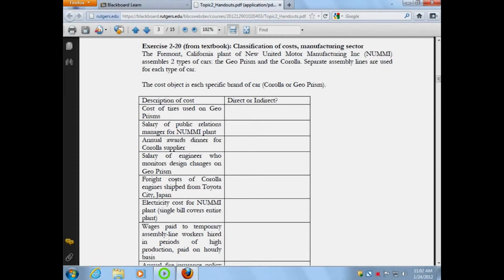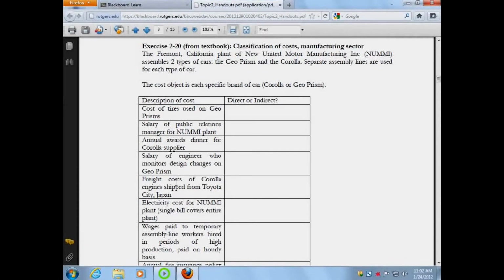Yes. That's a very good analysis. So actually with this one, we really don't have enough information to conclusively identify whether it's direct or indirect. Now let's sketch out two alternative scenarios.